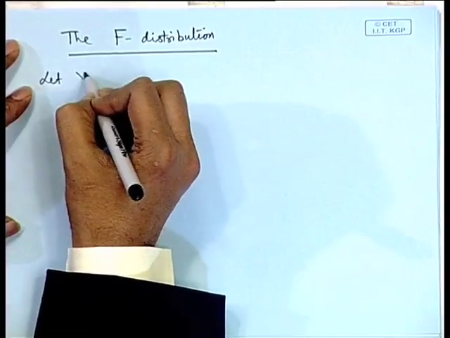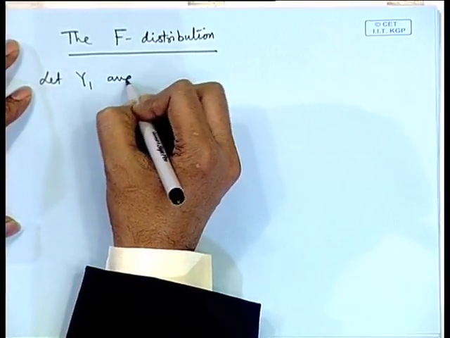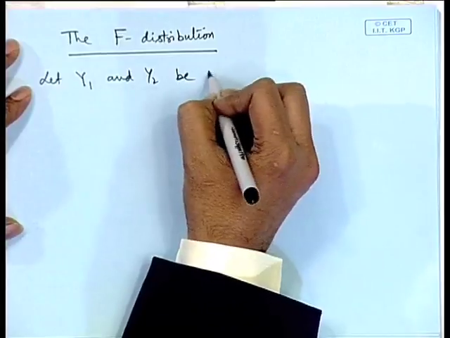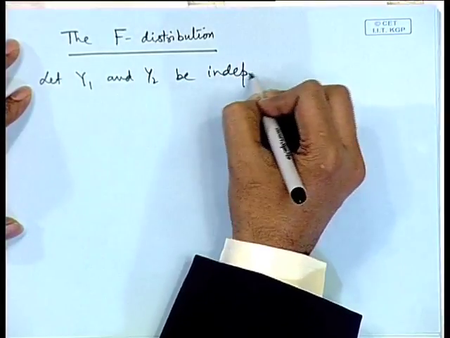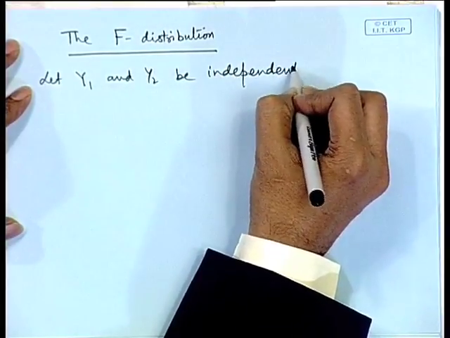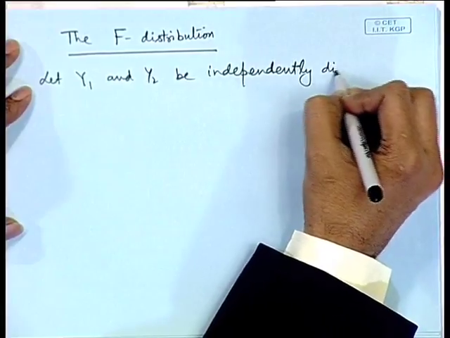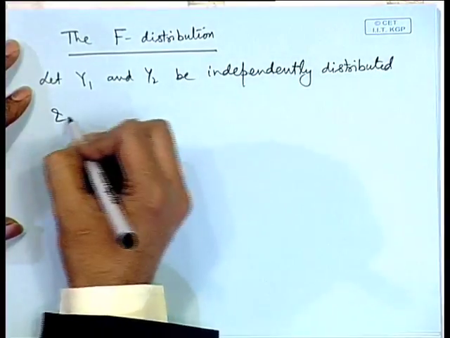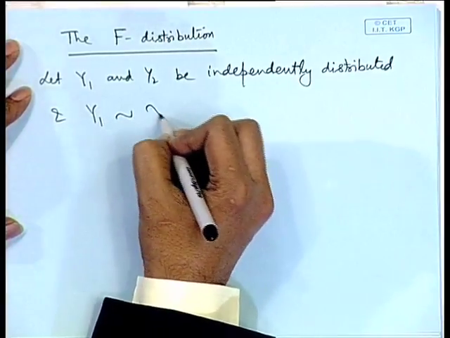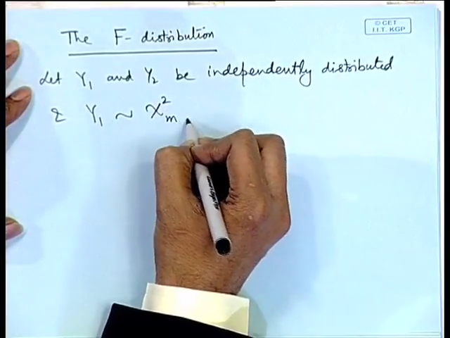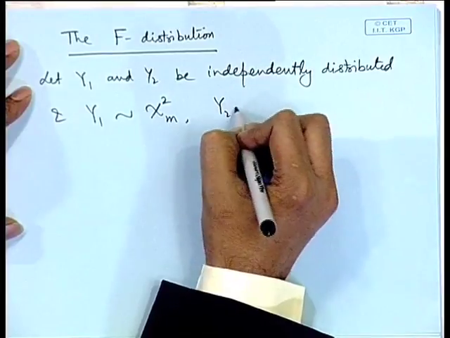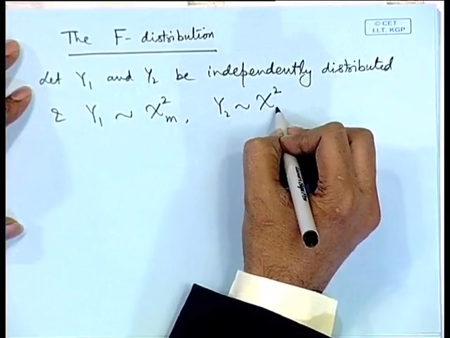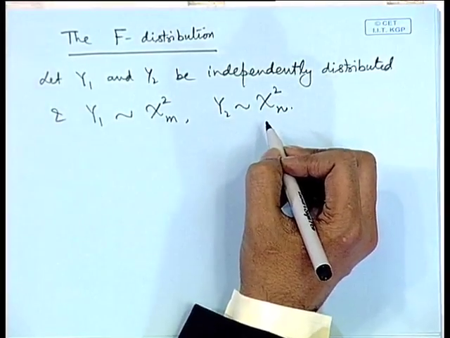Let y 1 and y 2 be independently distributed random variables, and y 1 follows, say, a chi-square distribution on m degrees of freedom, and y 2 follows a chi-square distribution on n degrees of freedom.